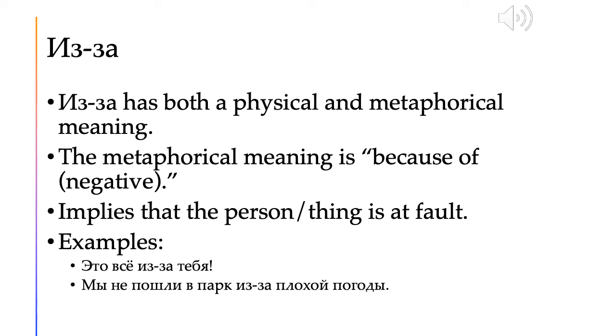And we could say, for instance, это всё из-за тебя. This is all because of you, or this is all your fault. Or мы не пошли в парк из-за плохой погоды. We didn't go to the park because of bad weather. We meant to go to the park. We were planning to go to the park, but because of the bad weather, we did not go to the park. Из-за плохой погоды.